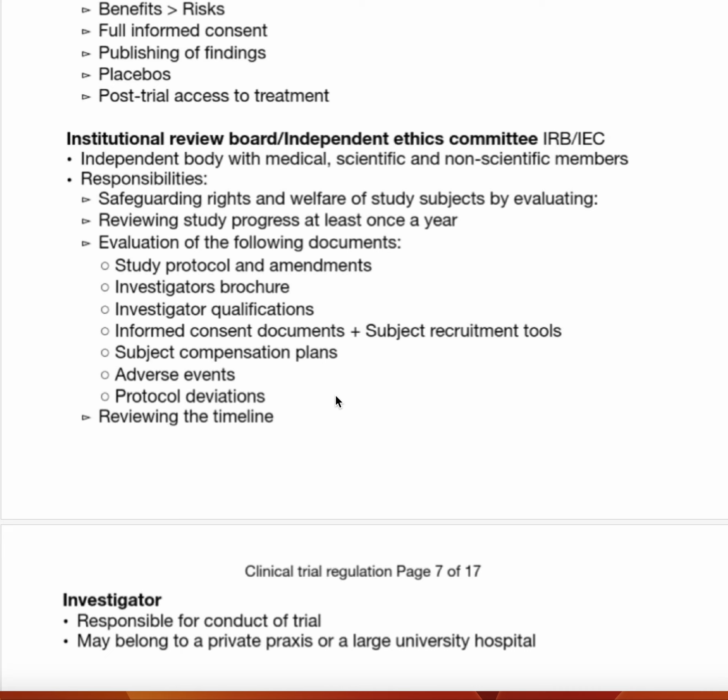Evaluation of the following documents like a study protocol and amendments, like the changes that maybe happened to this protocol, related to the investigator, like the investigator brochure and investigator qualification. They should revise informed consent documents and also the subject compensation plan, adverse events, and if there are deviations of the protocol, they should revise it.